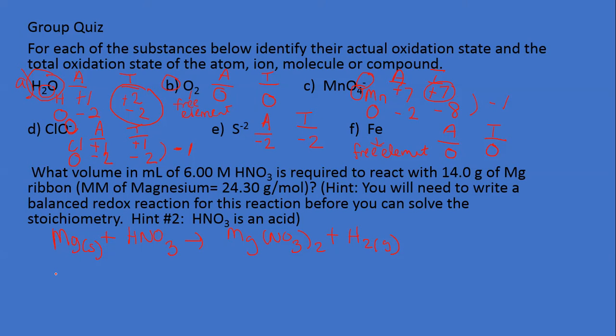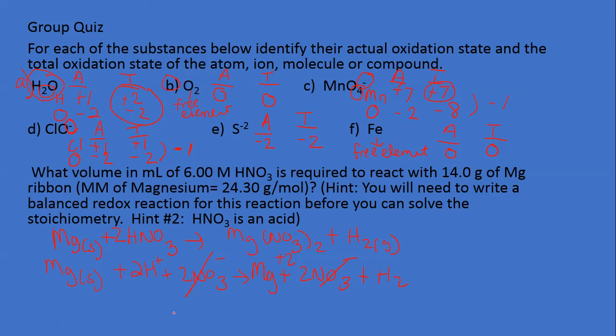In terms of breaking it apart redox-wise, make sure it's balanced, so we'll put a 2 there. Really, we've got 2H+ plus 2NO3- yielding Mg(NO3)2 plus H2. Sorry, let's dissociate that as well, because that is aqueous. It shows us that the nitrate is not actually part of the reaction.